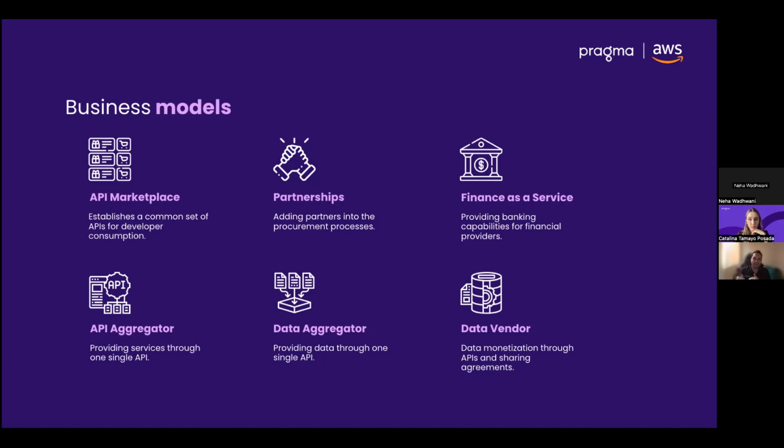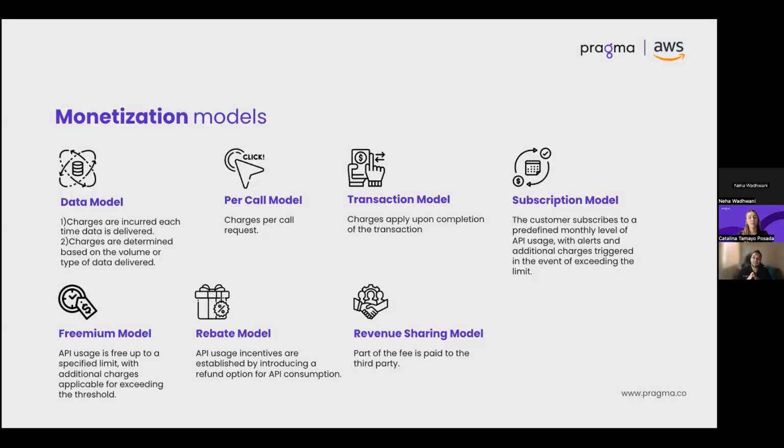I would like to add something. It is important to identify the correct monetization model, and it is not only one monetization model. For example, your API could have more than one monetization model because there are many users that want to use your APIs, and one user wants to pay per request call, and another user wants to pay upon completion of the transaction.